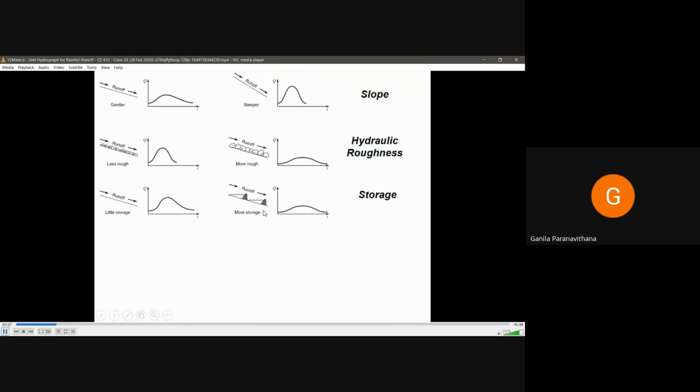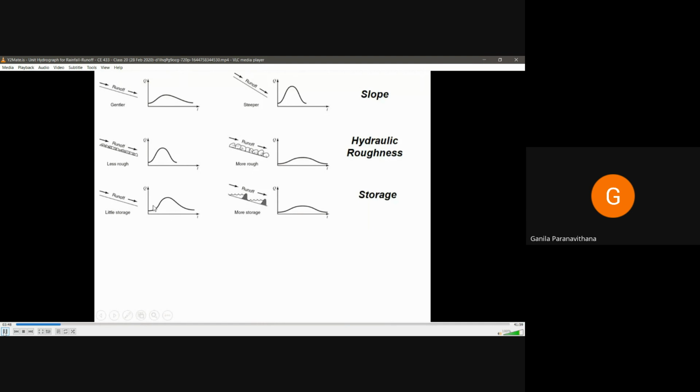If we have storage in the stream, meaning, for example, a regular cross section versus a relatively smooth cross section where there aren't any pools and ponds inside of the stream itself that have to be filled up before the flow goes down to the next pool or pond.